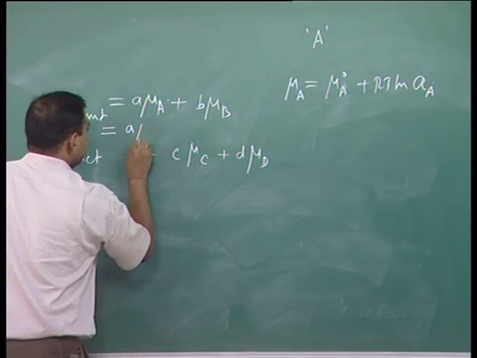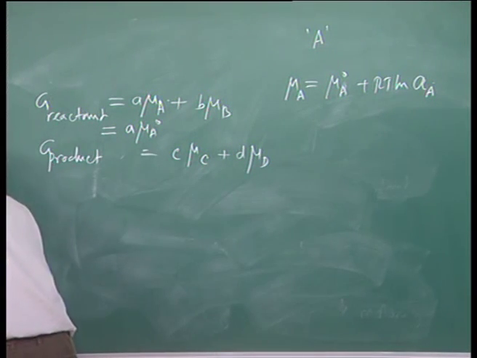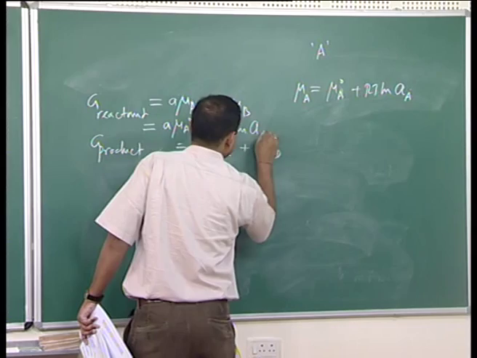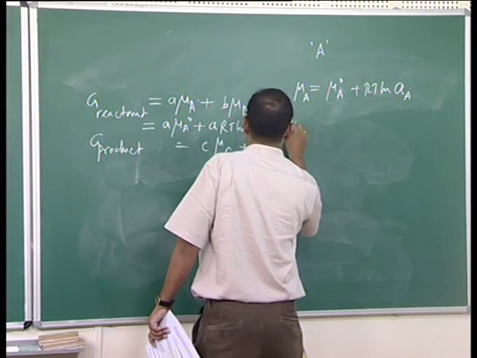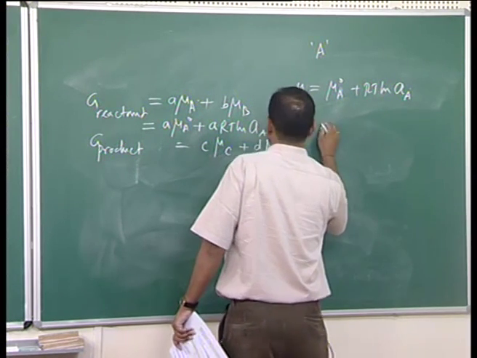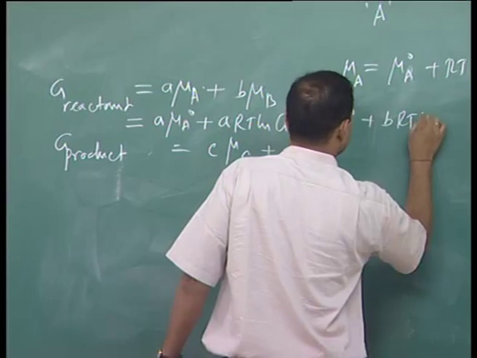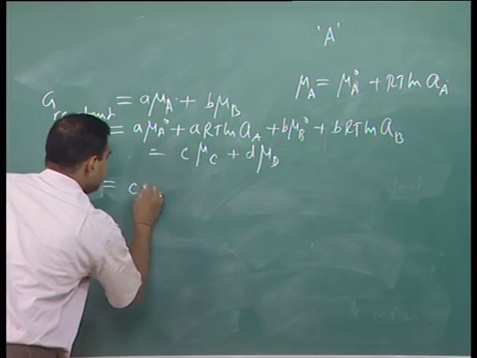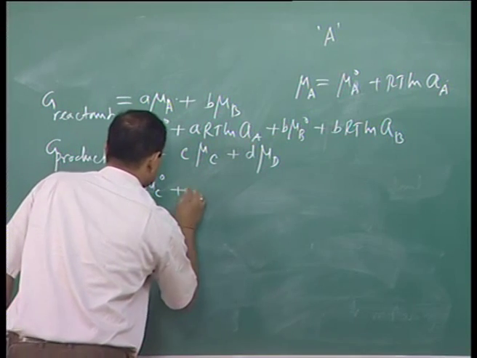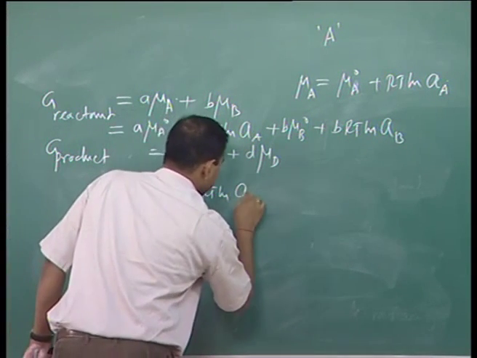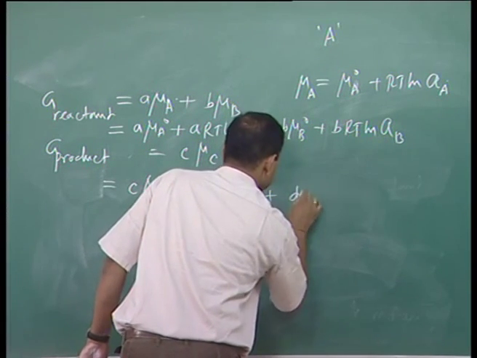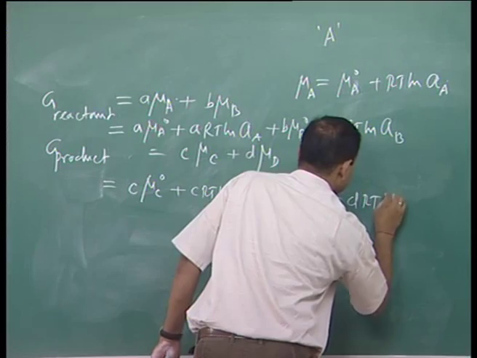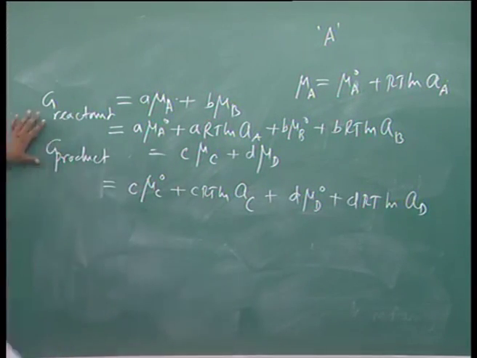Let us say a mu A 0 plus a RT ln activity of A plus b mu B 0 plus b RT ln a B. In a similar way, this can be written as c mu C 0 plus c RT ln a C plus d mu D 0 plus d RT ln a D. Now, what would be my free energy change for the system?